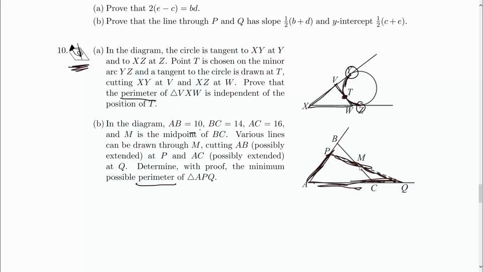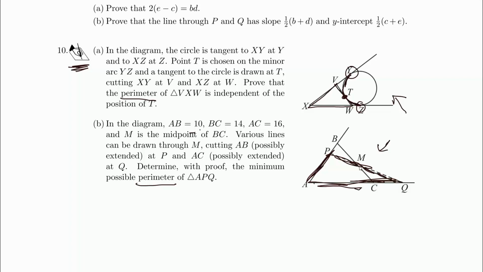It might, because we're talking about possible things going through M, and up in A we were talking about possible values for T, but that came out with a fixed perimeter.